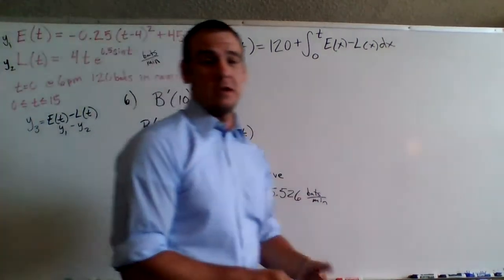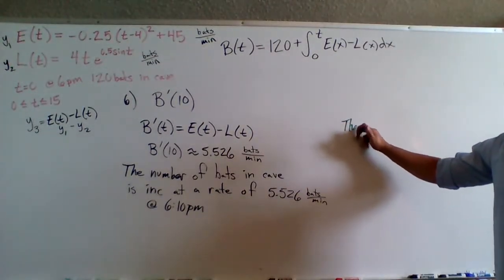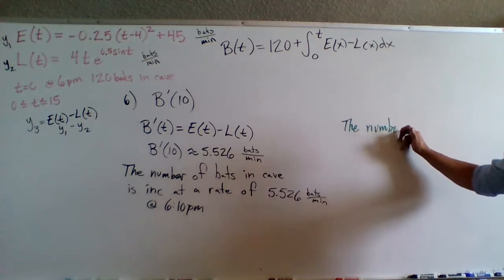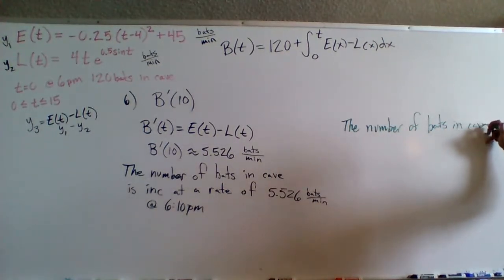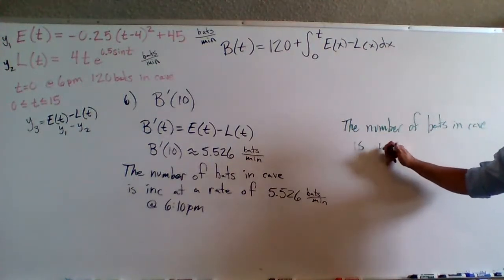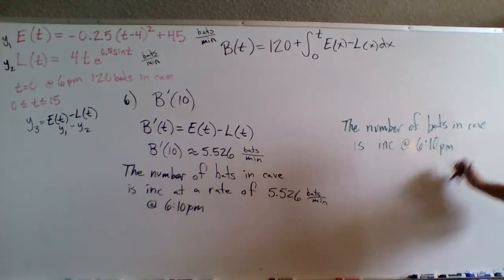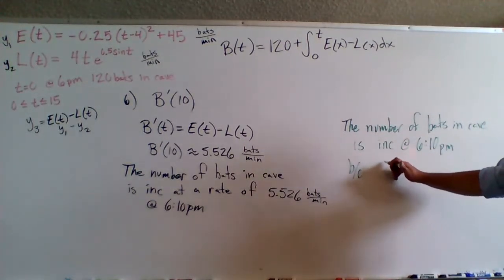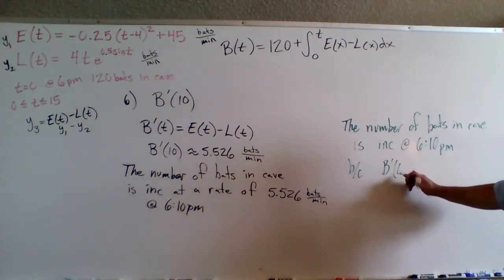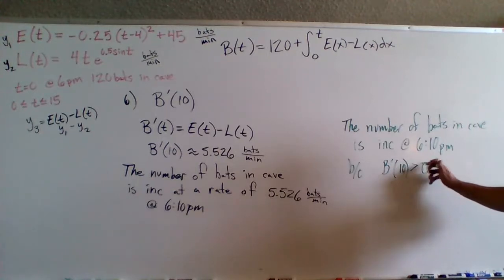Okay, so maybe here we would say the number of bats in cave is increasing at 6:10 p.m. because b prime of 10 is greater than 0.